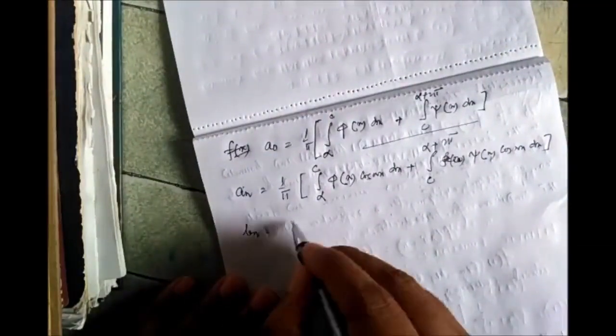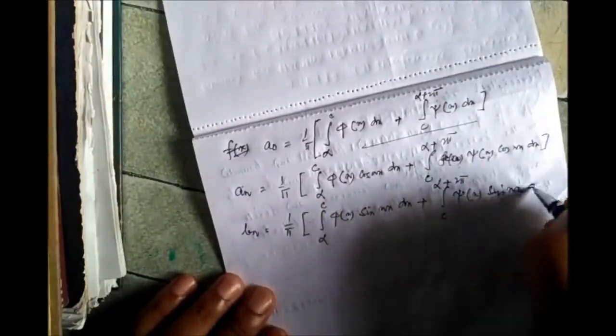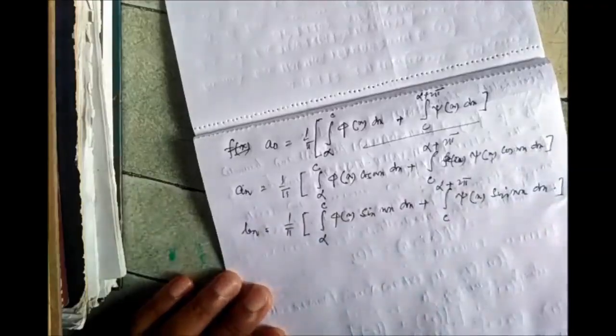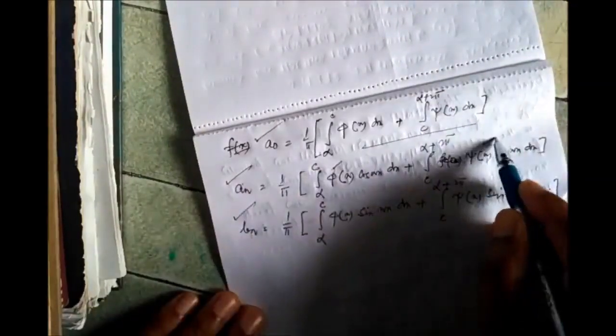And the value of bn will be 1 upon pi, integration alpha to c of phi(x) sin nx dx plus integration c to alpha plus twice pi of psi(x) sin nx dx, right? So I can find a0, an and bn in terms of phi(x) and psi(x) even at the point of discontinuity x equal to c.